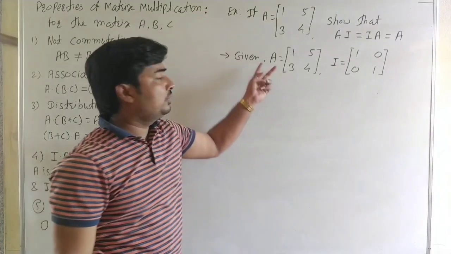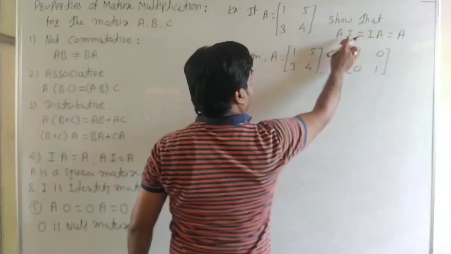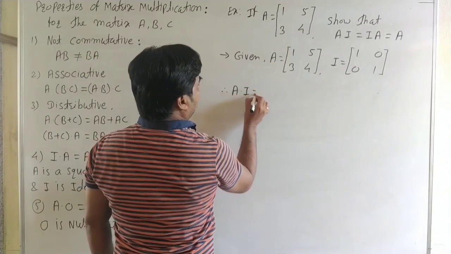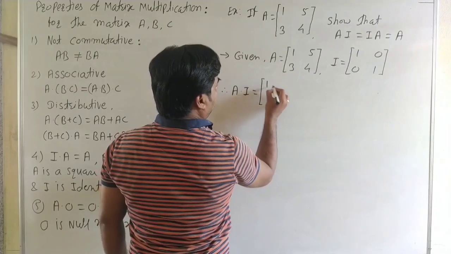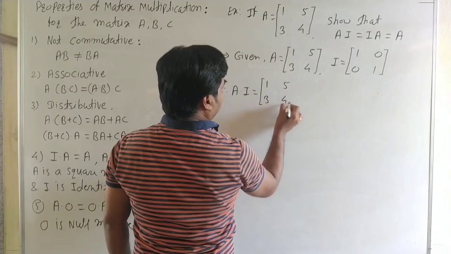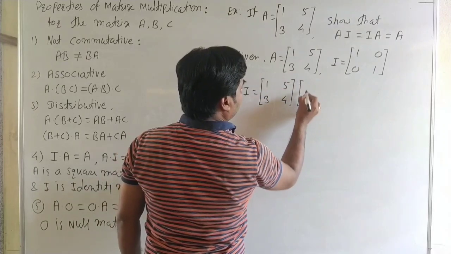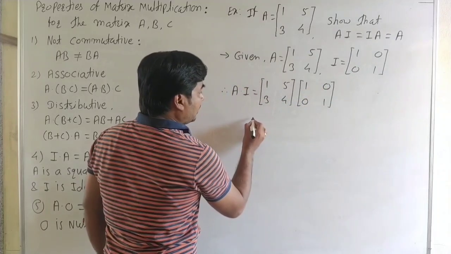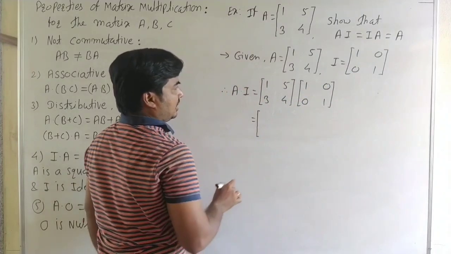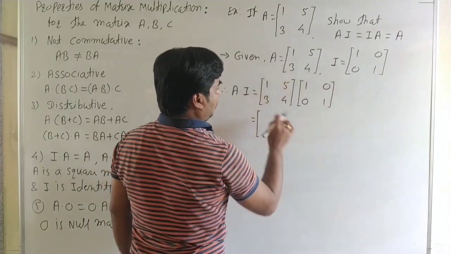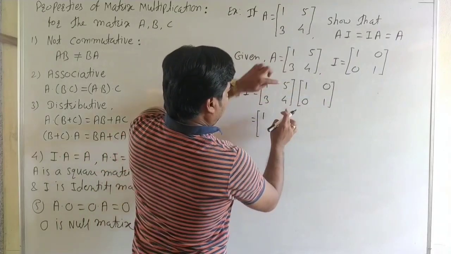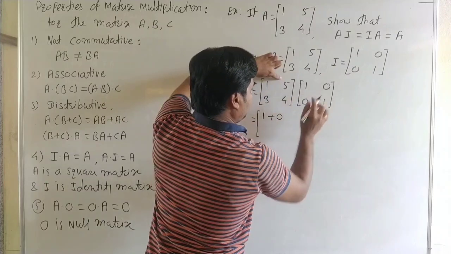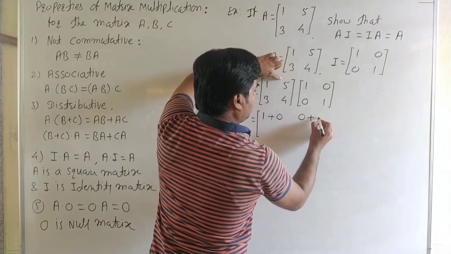Now first we find A into I. Therefore it is A into I, that is 1, 5, 3, 4 into 1, 0, 0, 1. Now we take the multiplication. First row first column: 1 into 1 is 1, plus 5 into 0 is 0. Then first row second column: 1 into 0 is 0 plus 5.